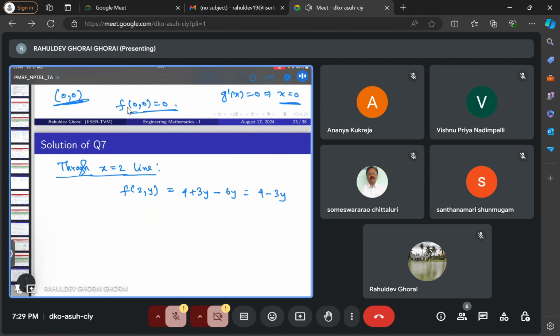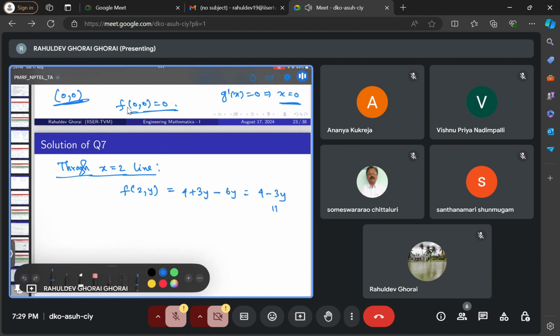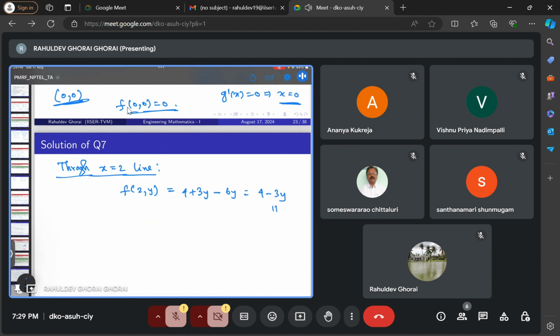So now I assume that this is nothing but a function. Let's say it is h of y. Now h dash y will be minus 3, which is not equal to 0.